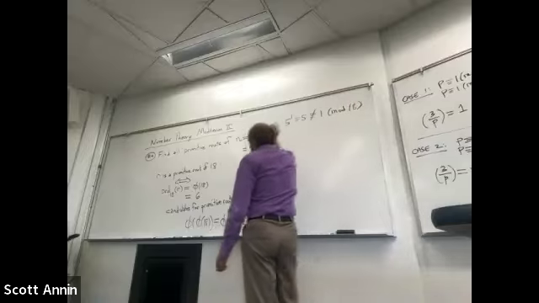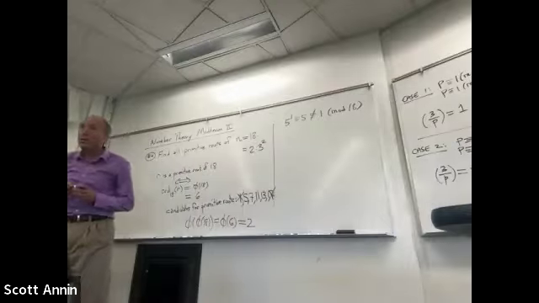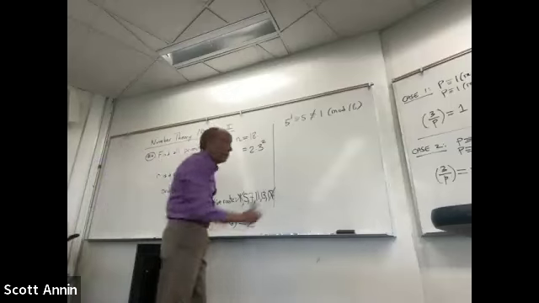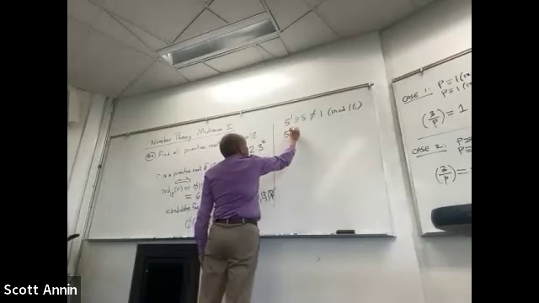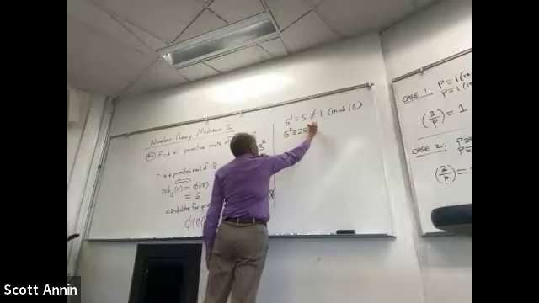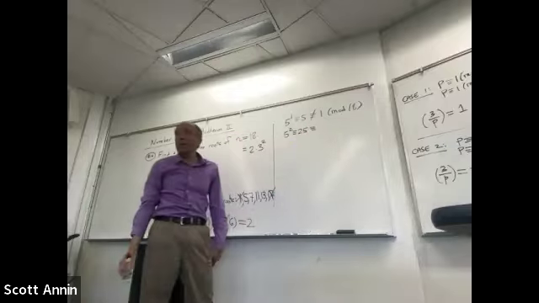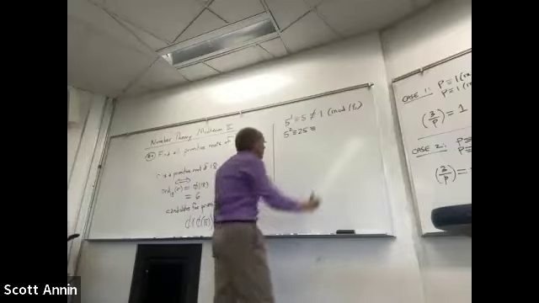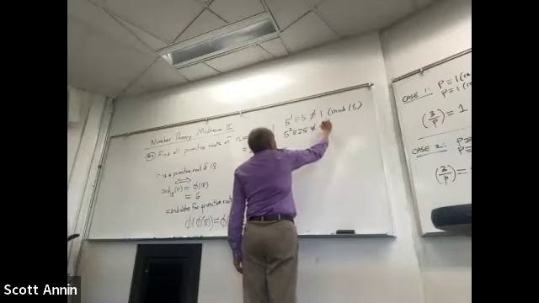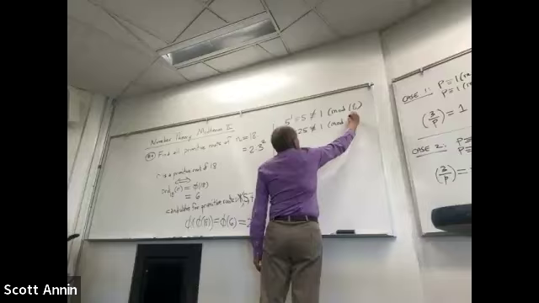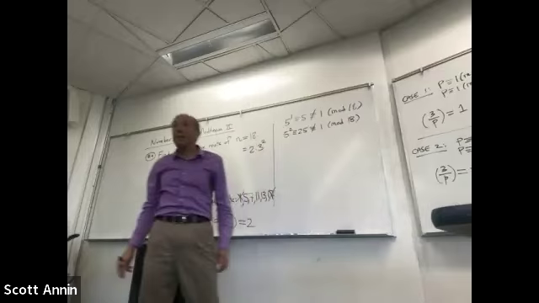So the order of 5 is not 1. Could it be 2? Well, let's check it. 5 squared, that would be 25. Is that congruent to 1 in mod 18? I don't think so. So this is not congruent to 1 in mod 18. So the order of 5 is not 2.